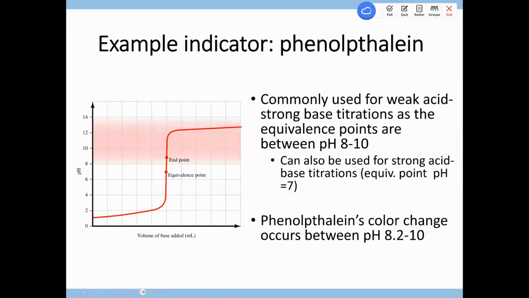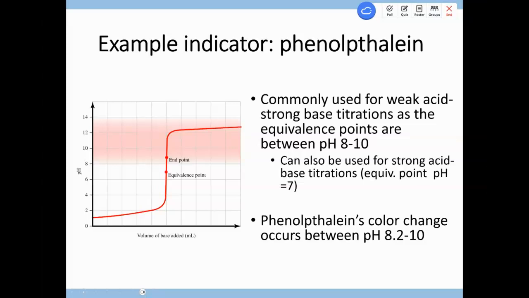And so this indicator, phenolphthalein, is a common indicator for weak acids being titrated with a strong base because it changes color when the pH is between 8.2 and 10. And usually for weak acids, the pH of the equivalence point is between 8 and 10.